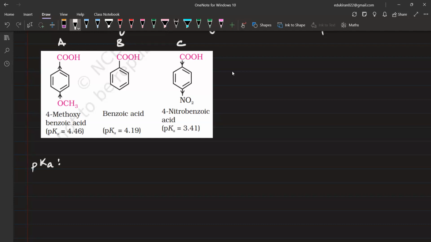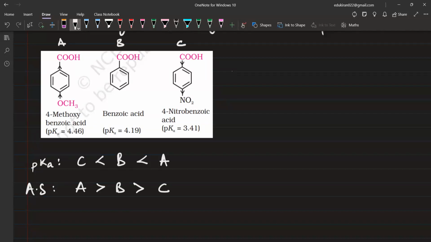So we have the smallest pKa for the C structure. C is having the smallest pKa, which is followed by carboxylic acid, that is B structure, and then we have A. Okay, so this is pKa. What about the acidic strength? Acidic strength will be reversed. A, then B, and then C.